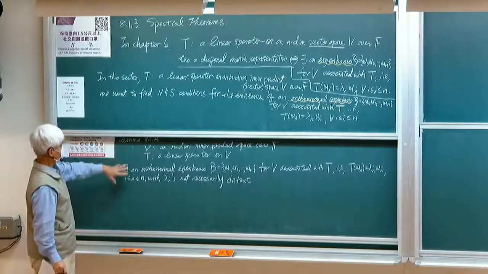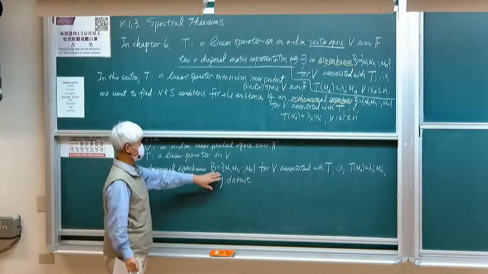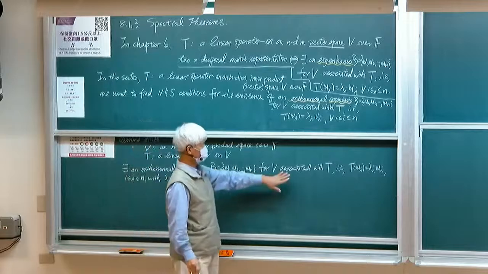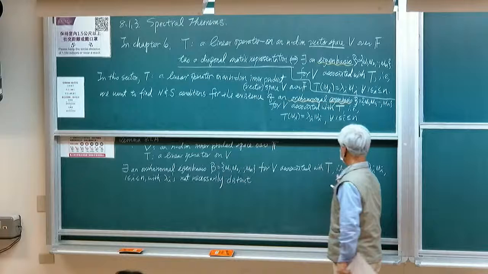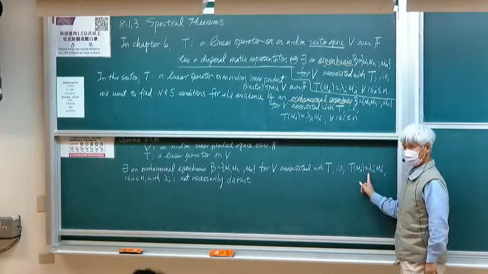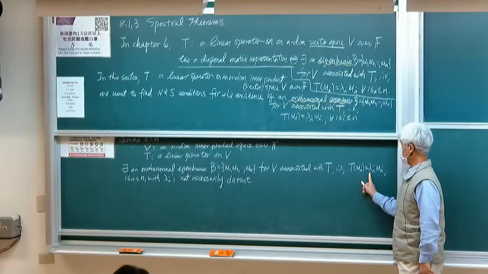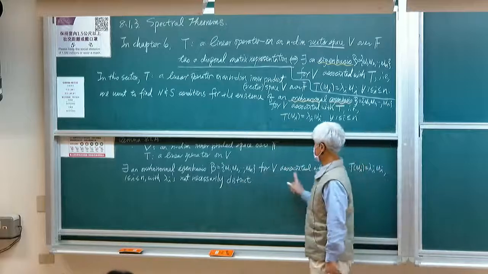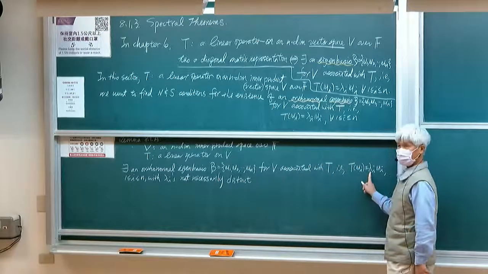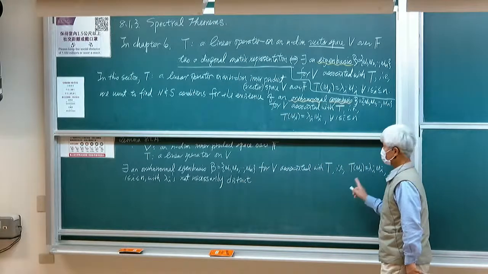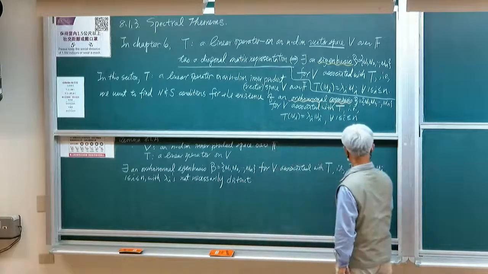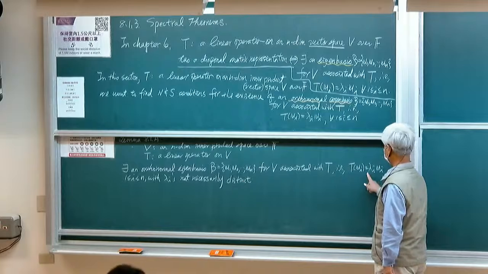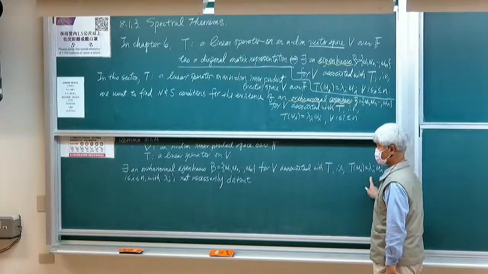So if we have an orthonormal basis associated with this linear operator, that means we have the eigenequations for the basis vectors with corresponding eigenvalues lambda i. These eigenvalues are not necessarily distinct, because we have n eigenvalues, lambda 1, lambda 2 up to lambda n.